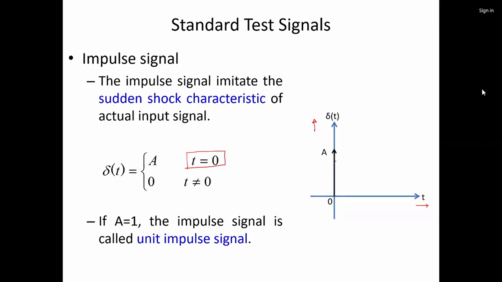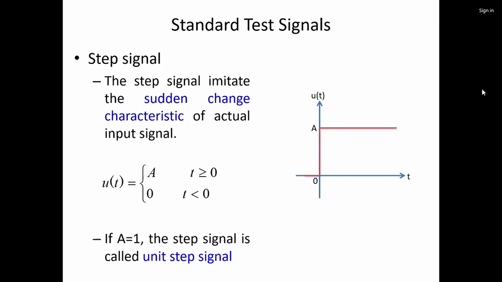That means just at that instant, you have given an input, and then as time progresses, the input becomes 0. So this is known as an impulse signal. And if the value of this signal is 1, then you say that it is a unit impulse signal.